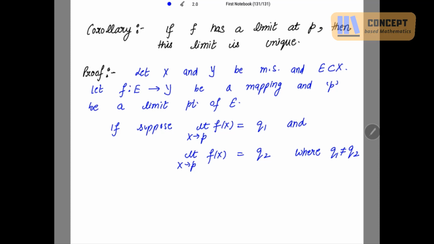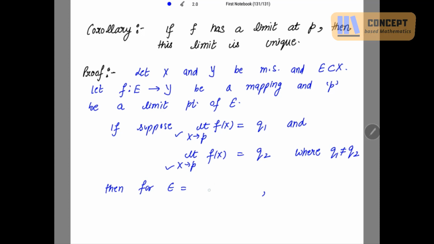Then I have to choose my epsilon positive. For that, I have to choose two deltas. One is delta 1 and the other delta 2 for the second one. Right? Okay. I will take my epsilon later, because epsilon must be positive.